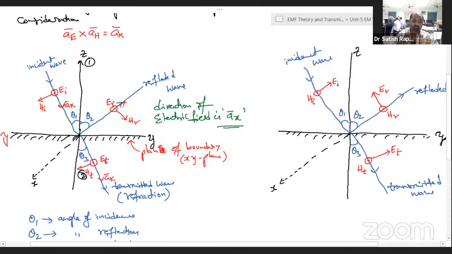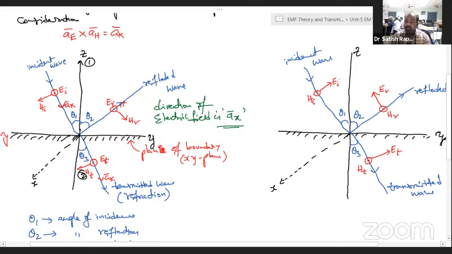It is very clear, right? The dot in the sense it is coming outside the screen, which is nothing but the x-axis. So ax bar. But in case 2, in figure 2, what is the direction of electric field?